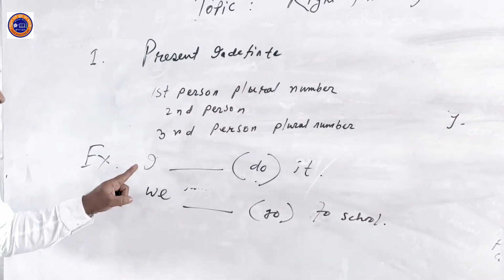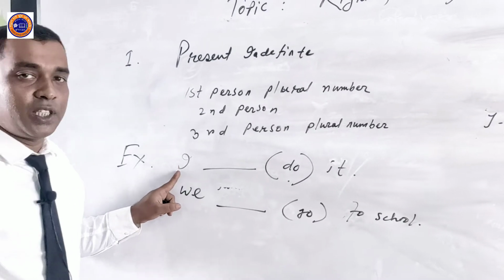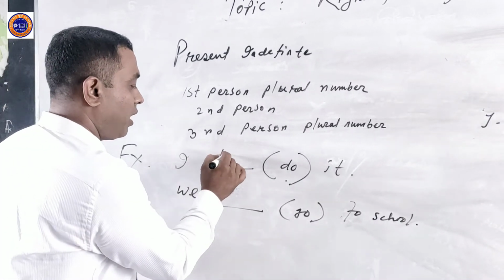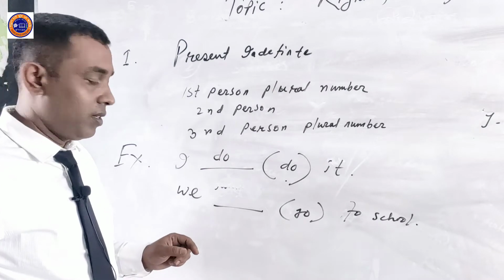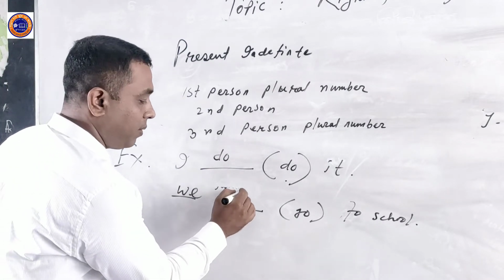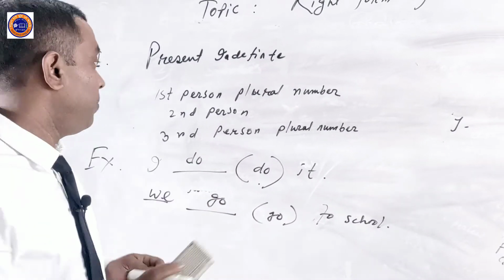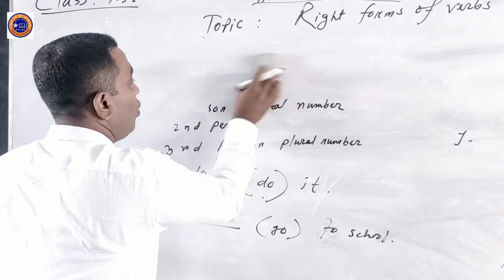This is a sentence and the subject is first person plural number. You have to use the base form. Okay, thank you very much. I am going to explain rule number 3.